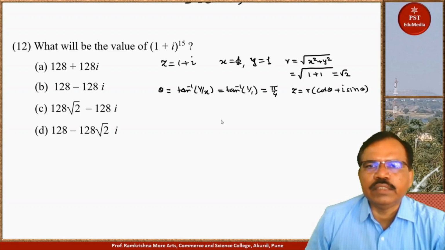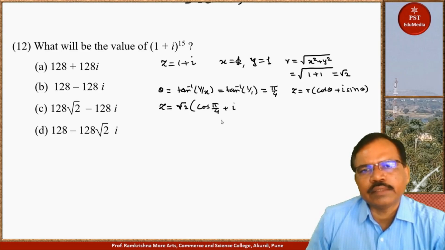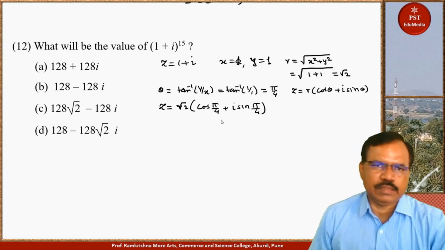So here z is equal to root 2 in bracket cos pi by 4 plus i sin pi by 4. This is the polar form of the complex number.